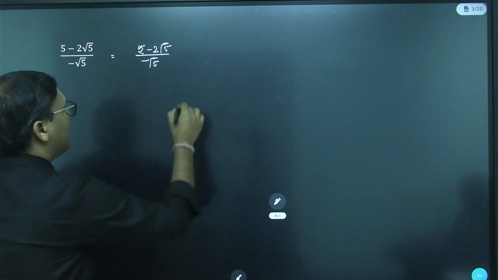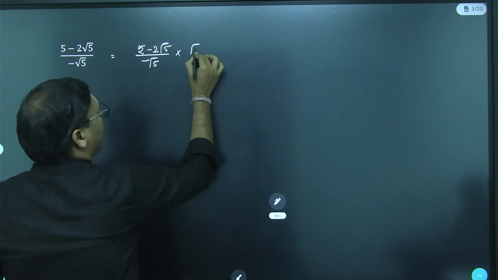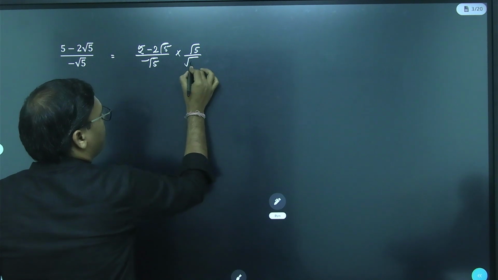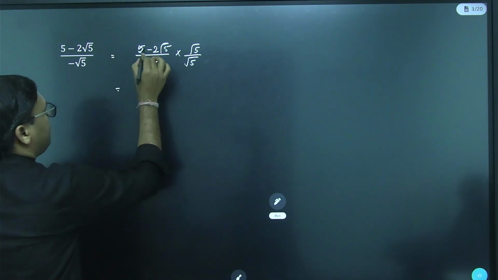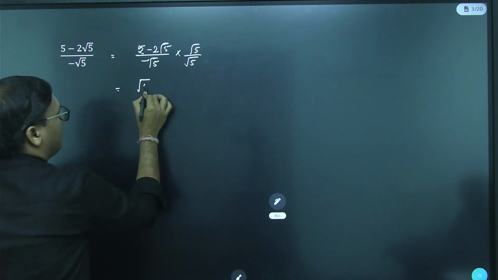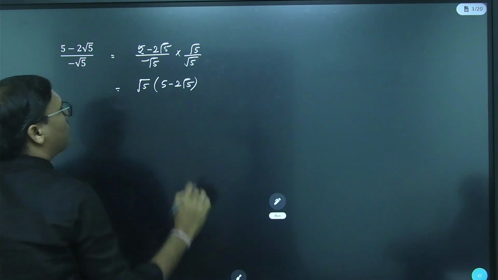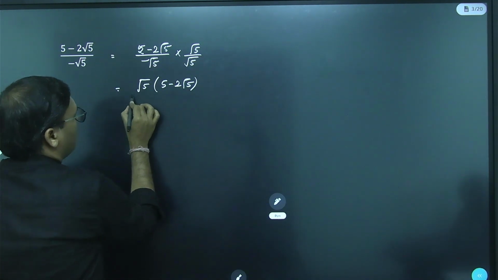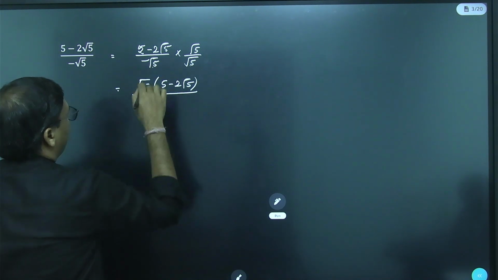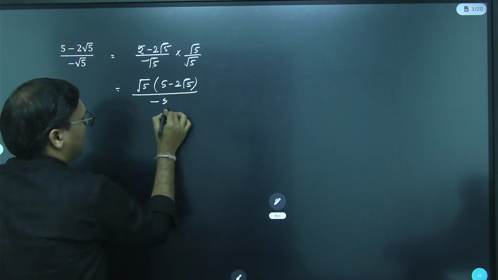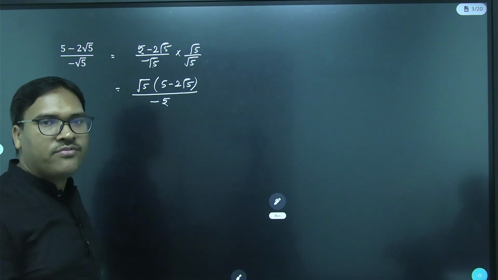So if I multiply and divide by root 5, this is root 5 into 5 minus 2 root 5, and in the denominator root 5 into root 5 is 5, and the negative is already there, so this is negative of 5.